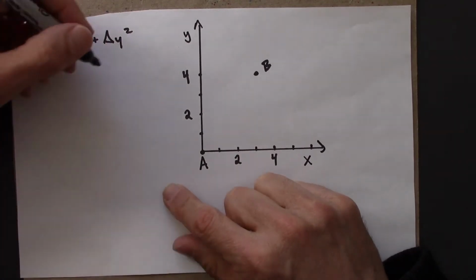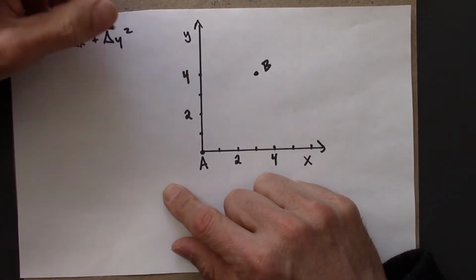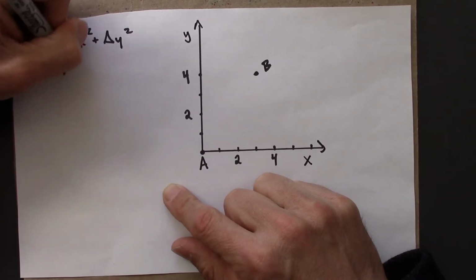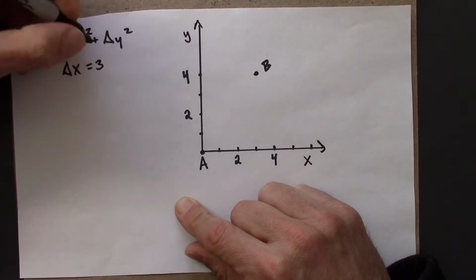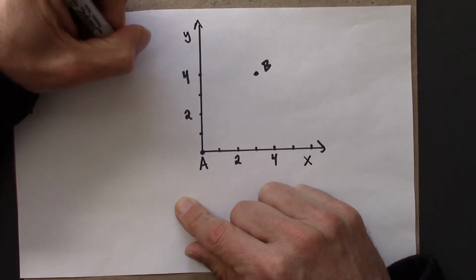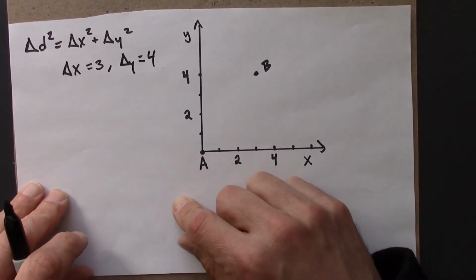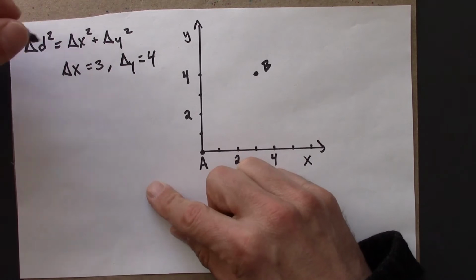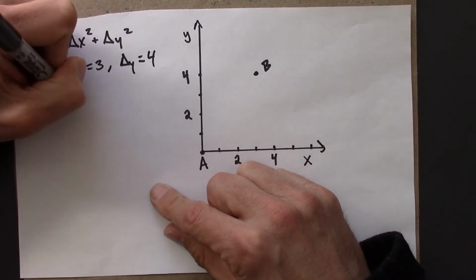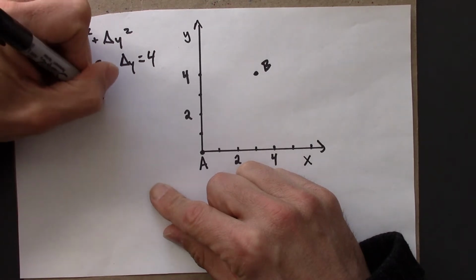And so I guess I'll write this here. I could have delta x equals 3, delta y equals 4. And I could plug this into the formula. It's a 3, 4, 5 triangle. I would get 3 squared plus 4 squared.